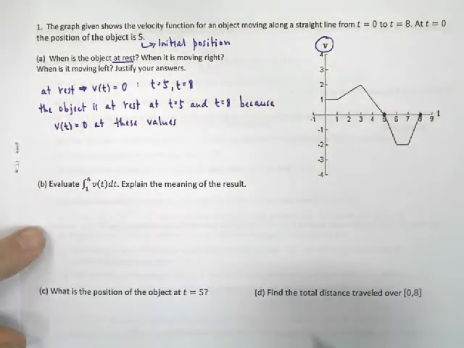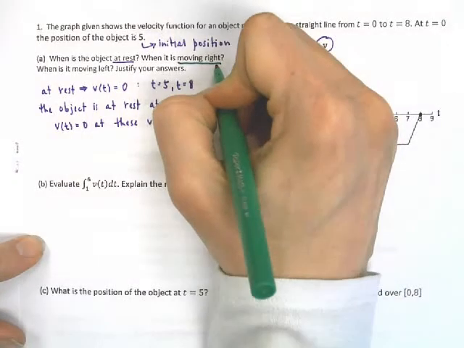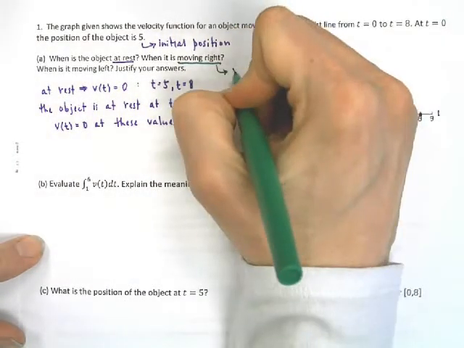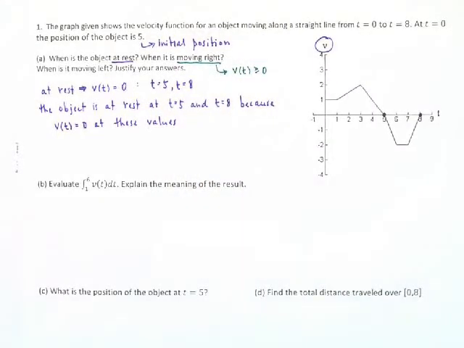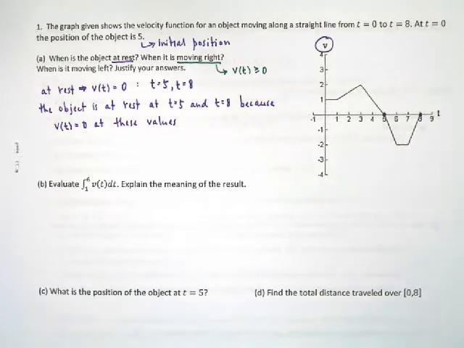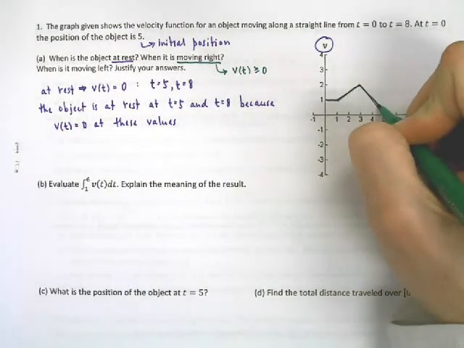All right, now moving to the right, I'm just going to make a note here. I know I'm moving to the right when my velocity is greater than or equal to 0. So in this case, my velocity is greater than or equal to 0 when it's above the x-axis.